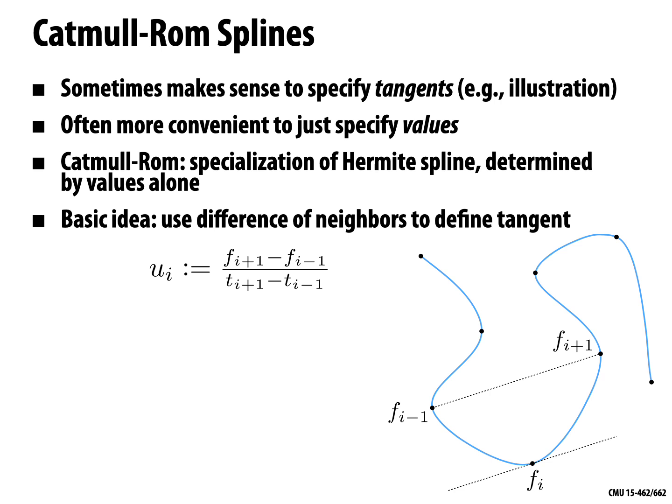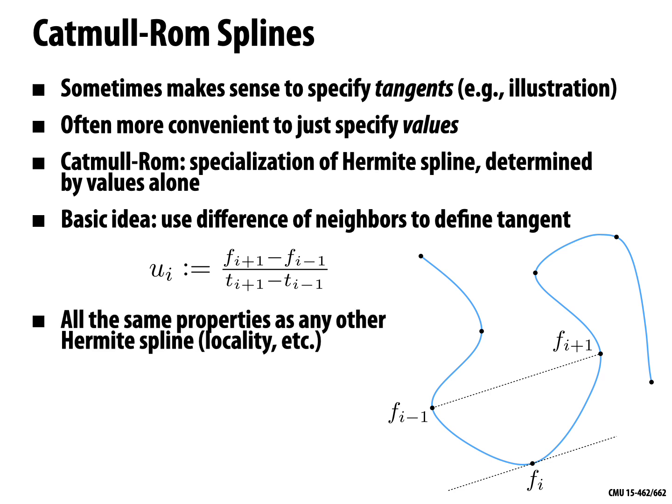Okay? And from there, I just do the same thing that I do for my Bezier spline. I just say that the endpoints of each segment interpolate the f values. The tangents of the 2 endpoints are given by the data that I just computed. Okay? So this has all the same properties as any other Hermite or Bezier spline, right?